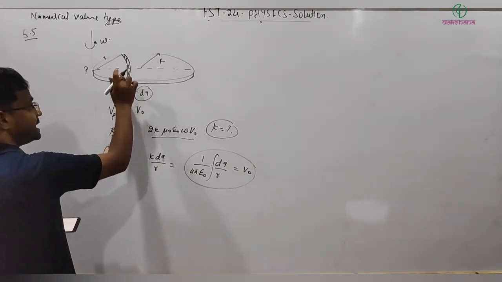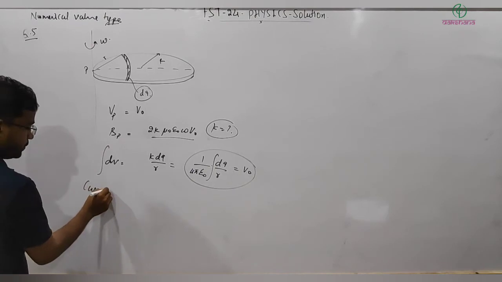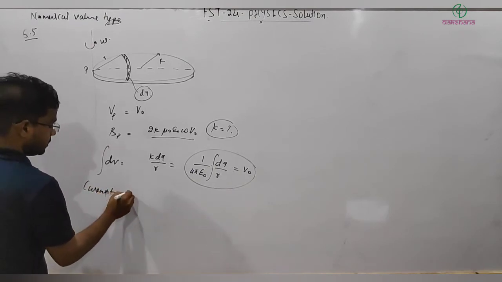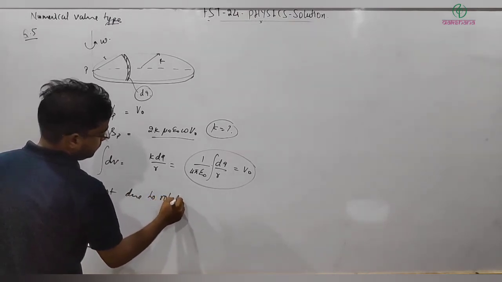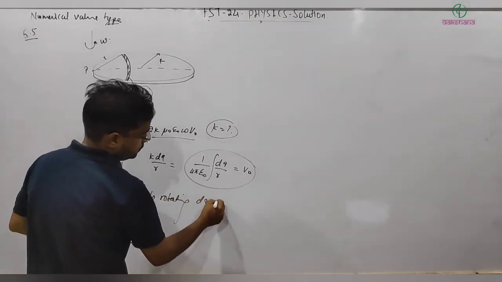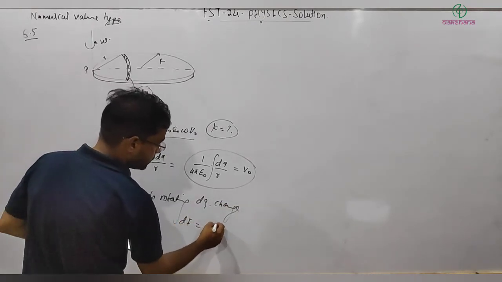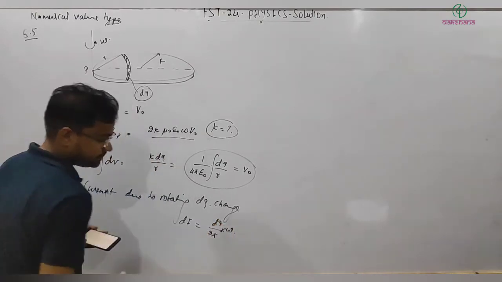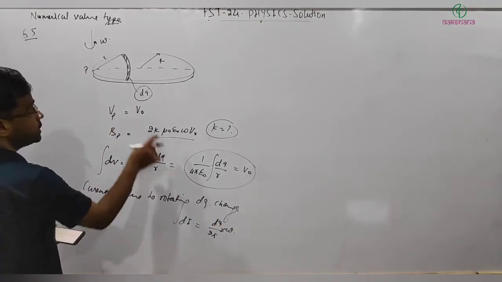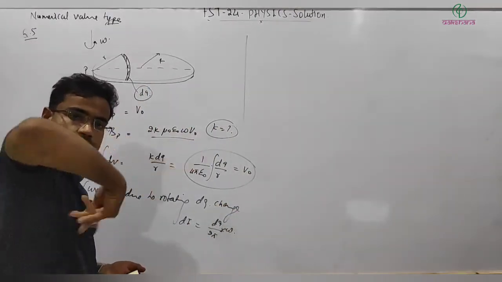Next, if dq is this charge and it's rotating with angular speed omega, then the current corresponding to the rotating dq charge can be written as di is equal to what? dq divided by the time period, that is 2 pi by omega. If this is di, then what is the magnetic field due to this di at this point? It will be acting like one ring, is it?